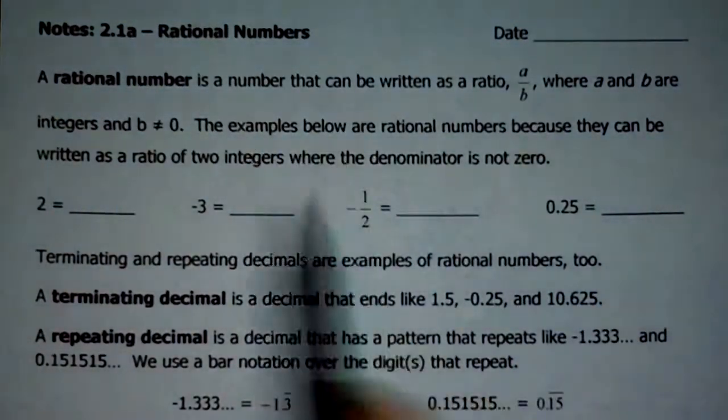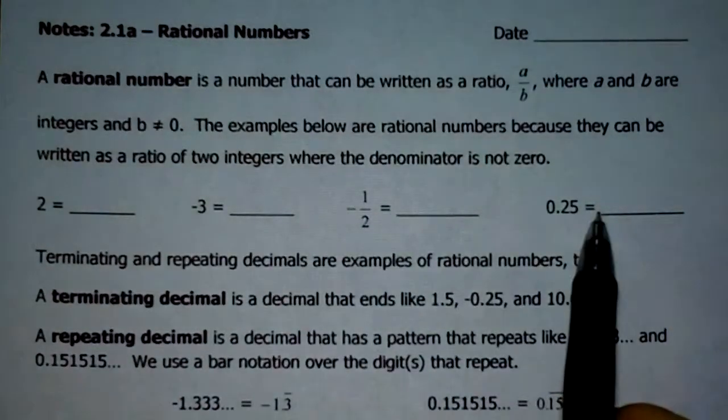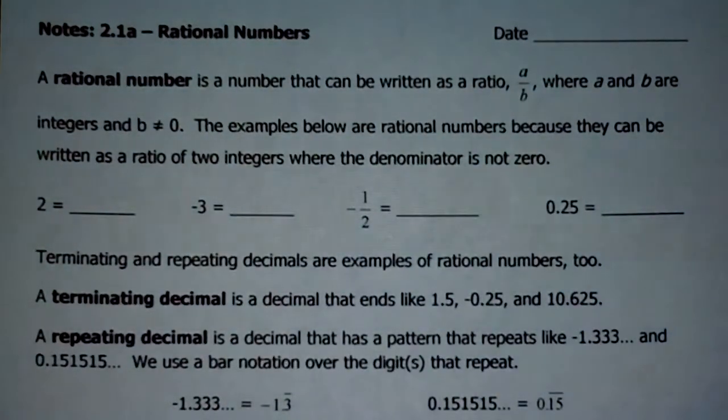The examples below are all rational numbers because we can write them as a ratio of two integers where the denominator is not 0. So when you look at numbers, if you immediately see, hey, that's not a fraction, that's not a ratio, that must not be rational, you have to actually look at it and say, could I write it as a ratio, though, where A and B are integers?